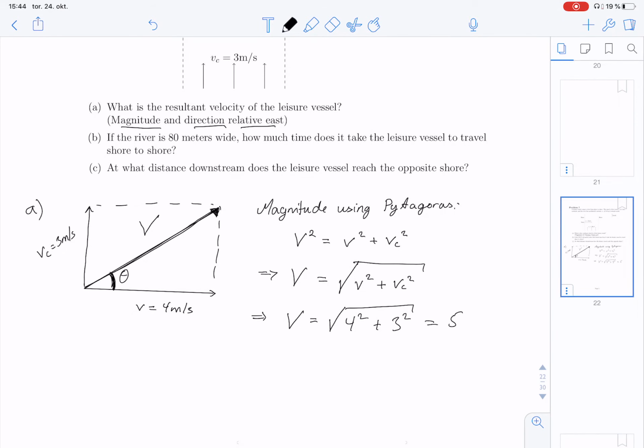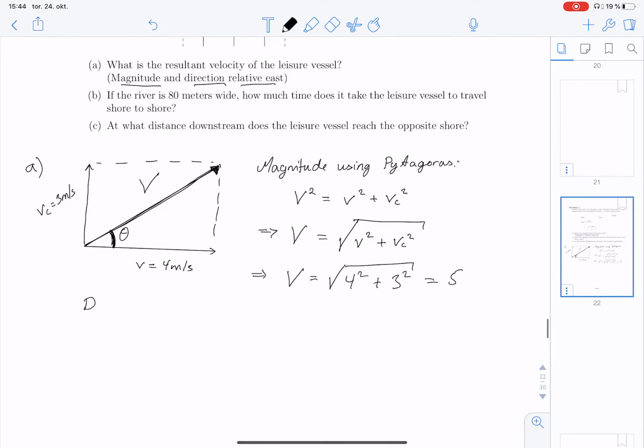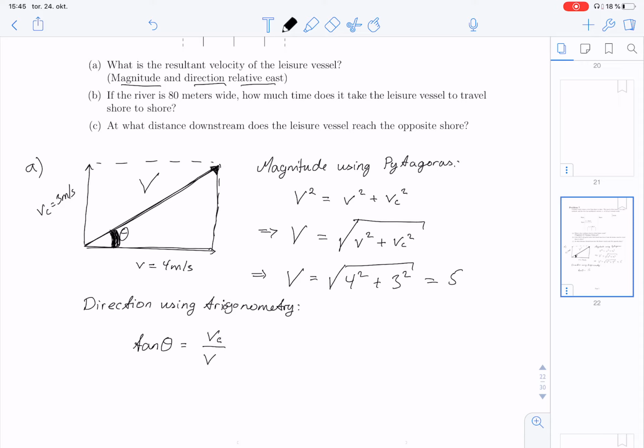The direction, using trigonometry, hard word to pronounce sometimes. We could use tangents. The tangent of the angle here would be the opposite side divided by the adjacent side. So that would be the current velocity divided by the velocity of the vessel.